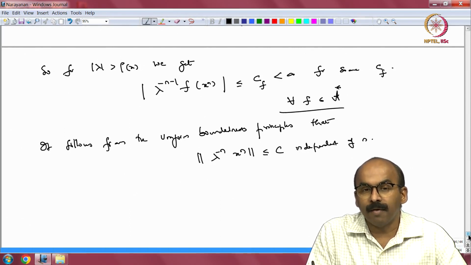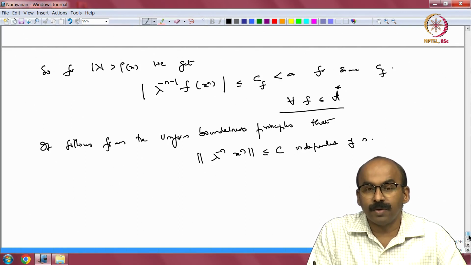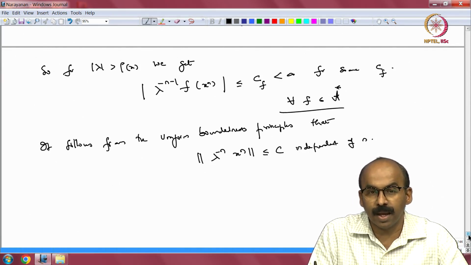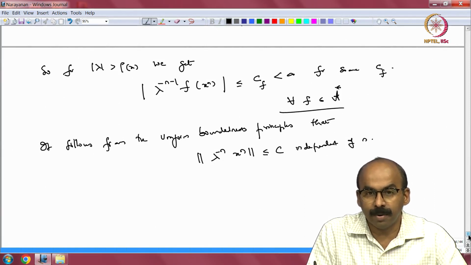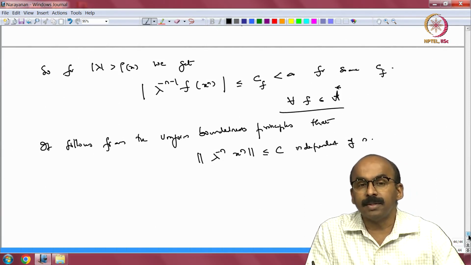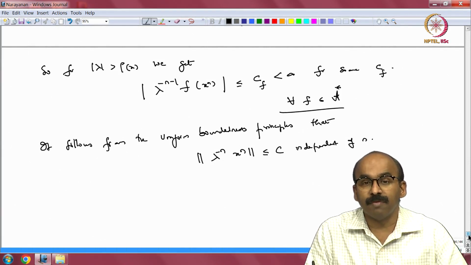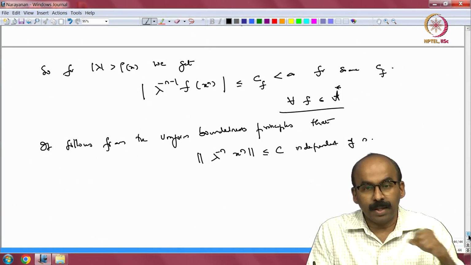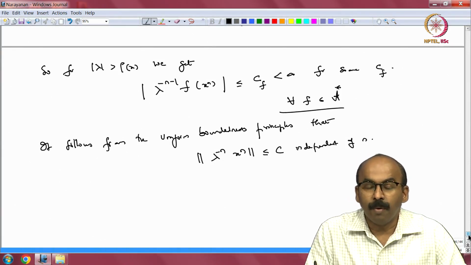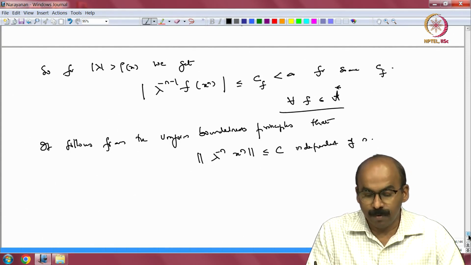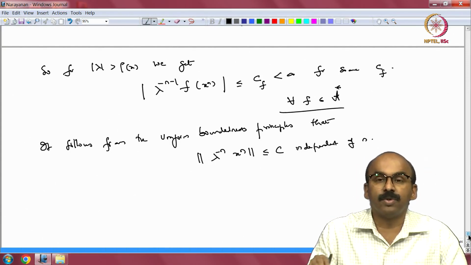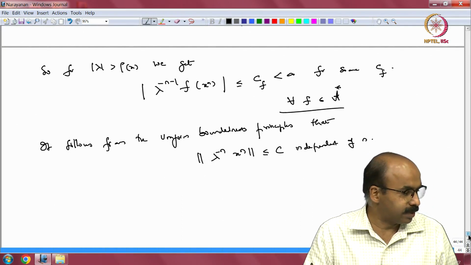So, I have this set of vectors lambda to the minus n minus 1 x to the n, as a set of elements in the Banach space A, and it is pointwise bounded, right. For each f in A star it is bounded, and so by the uniform boundedness principle the norms of them will have to be bounded, right. So, something which you have seen in functional analysis.